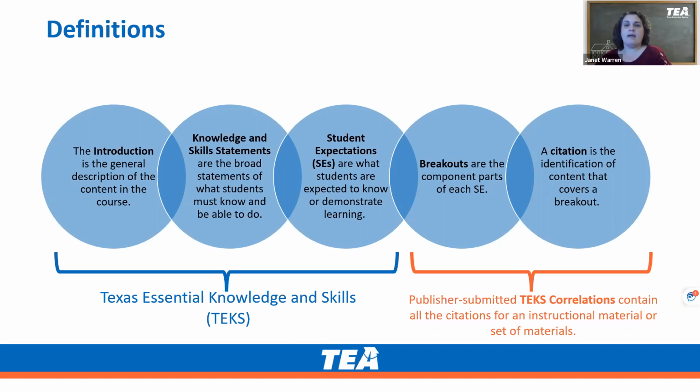So a citation is the identification of content that covers the breakout. The TEKS correlations contain all of the citations submitted by a publisher for an instructional material or set of materials. And one thing that's important to remember is a student expectation is considered addressed only if each breakout within the student expectation is addressed.